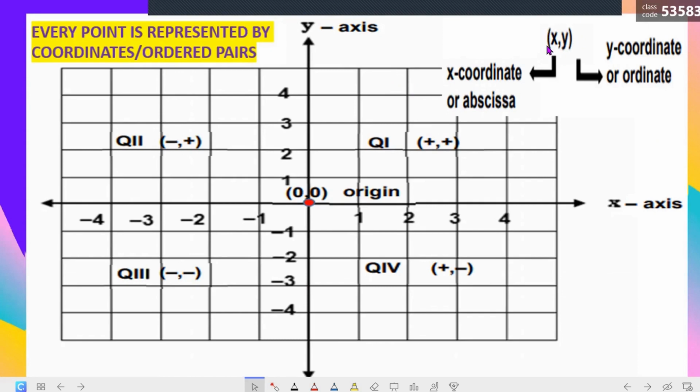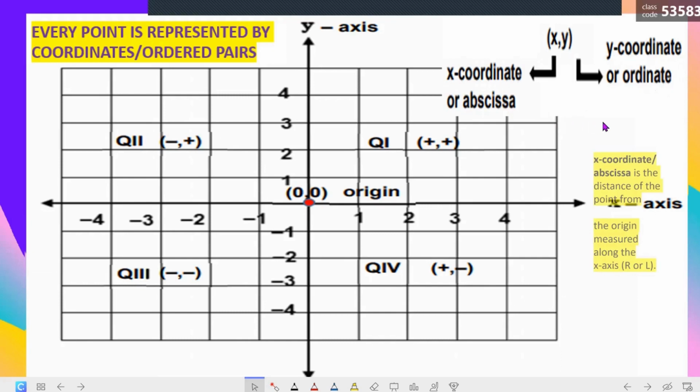We have the open and close parentheses, and inside it we write the x coordinate, then a comma, and the y coordinate. Take note, the x comes first before the y coordinate, and they are separated by a comma. The x coordinate is also known as abscissa, and the y coordinate is also named ordinate.